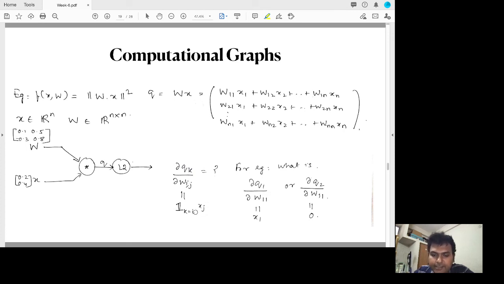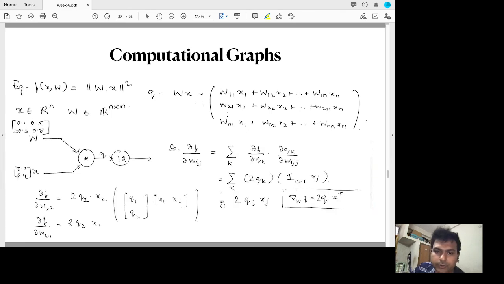However, it will be xj only when k equals i. This 1 with a subscript of k equals i is an indicator variable. It will turn 1 only when k equals i, otherwise it will be 0. So when k equals i, we have the value xj, else it will always be 0. Is this notation okay? Yes, okay.